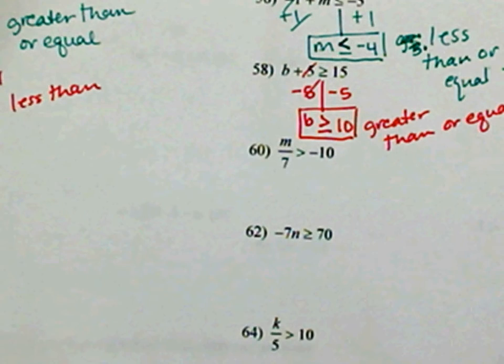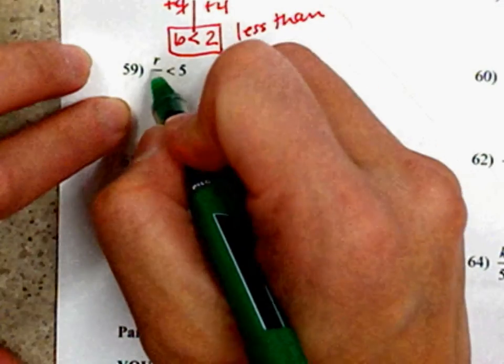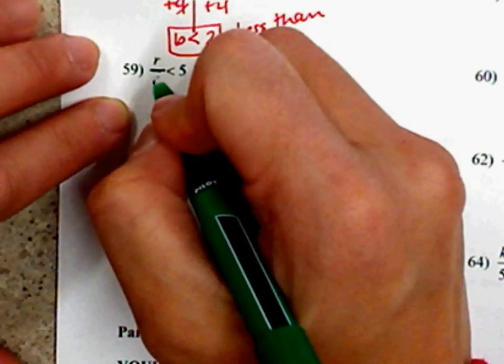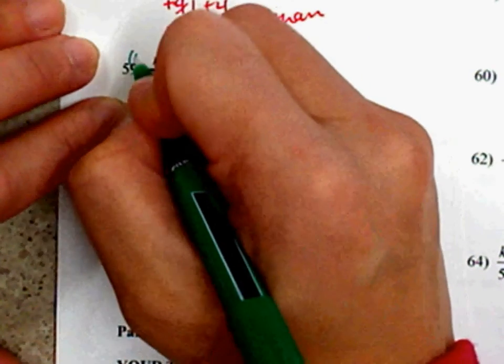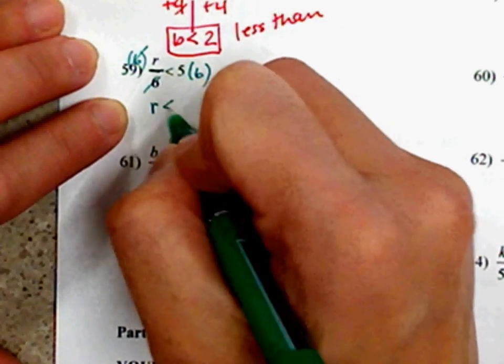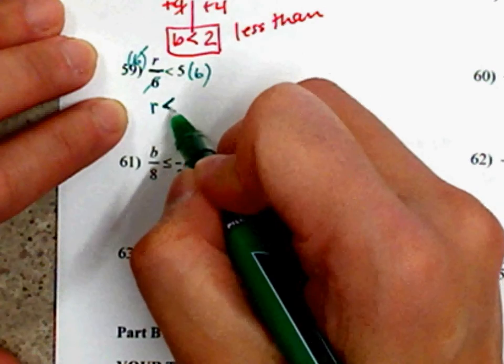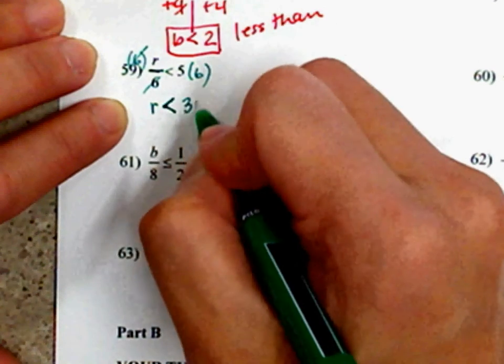Number 59. One term, you're dividing, R divided by 6, so you're going to multiply. Notice you multiply times a positive number. So R is less than 5 times 6, which is 30. That's R is less than.